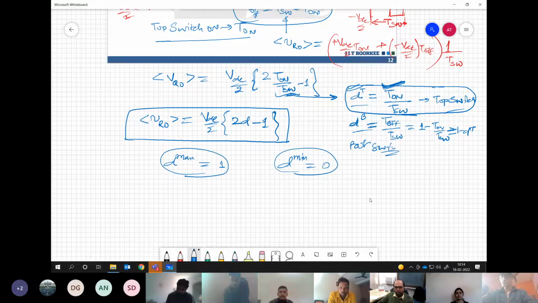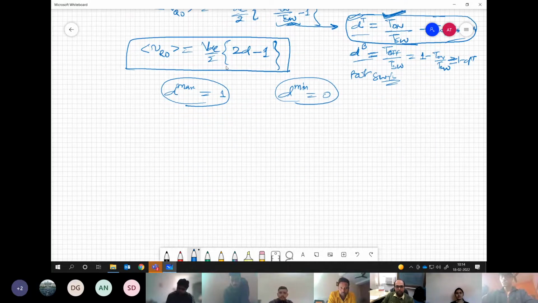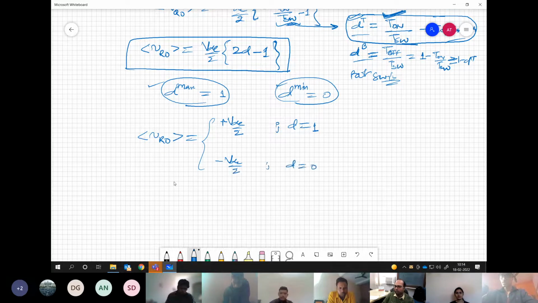Correct. Now, for these extreme values of D, what will be the average value of VRO? Let us say VRO maximum could be plus VDC by 2 when we have D equal to 1. Or my VRO average could be minimum, minus VDC by 2, when my duty ratio is 0. So this scenario is equivalent to having the switching period, up to this point, and I am keeping my top switch on for the entire duration.